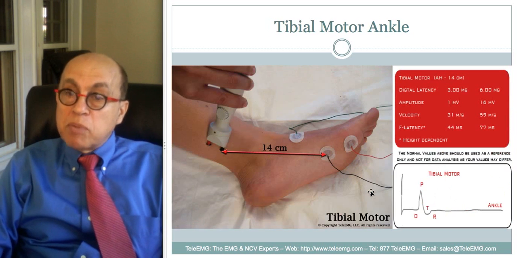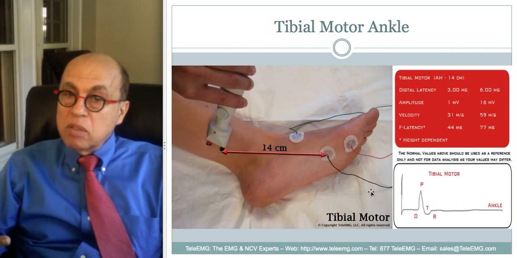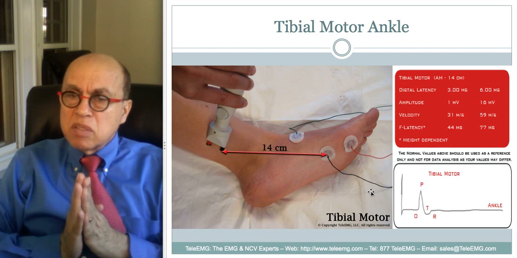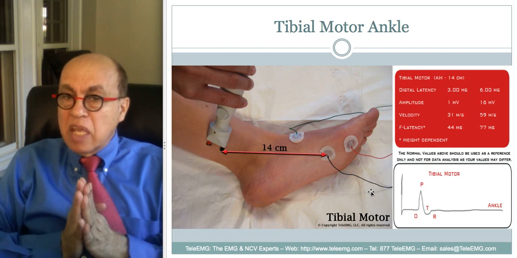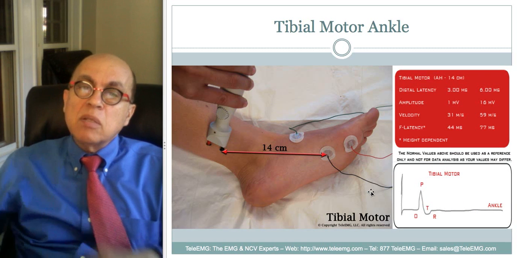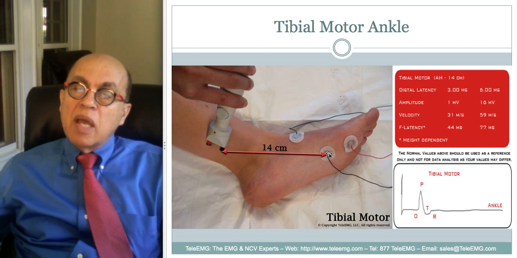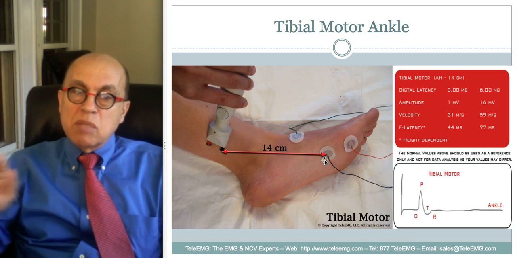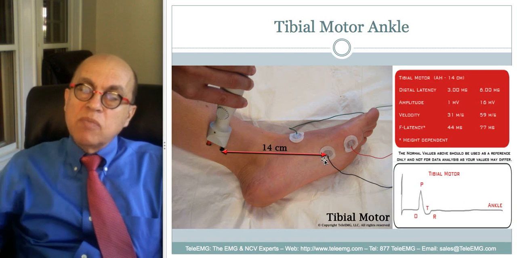Now, for the tibial nerve, we stimulate it at the ankle also, and usually there are very few areas where the tibial nerve can get damaged at the knee, so we only stimulate it at the ankle, and we put the active electrode here right below the ball of the foot over the abductor hallucis muscle. That's the muscle that spreads the toes, okay?